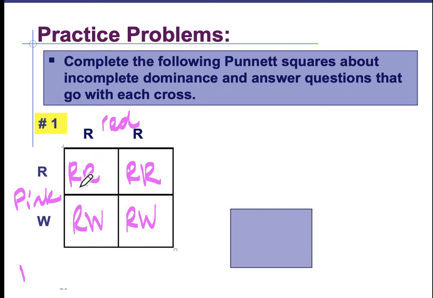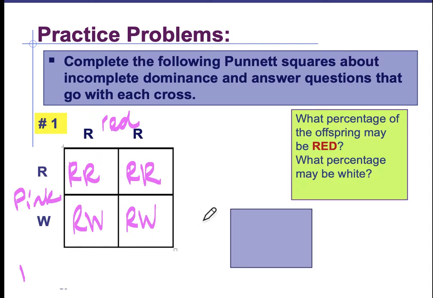But here, we're going to keep the R's on the left and the W's on the right, unless, of course, we have two W's. We want to keep it consistent so when you're looking at it, you understand where the blended ones are.